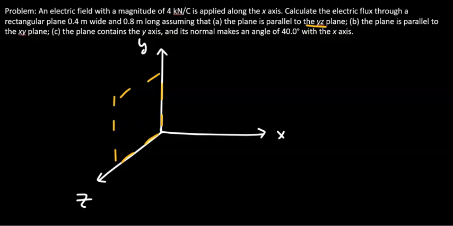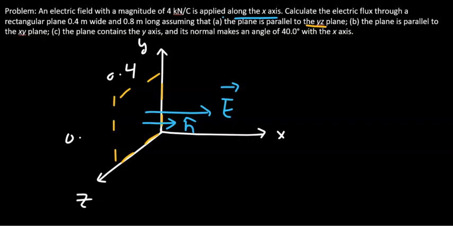The electric field is applied along the x-axis, so that is the direction of the electric field. Let's assume it's the positive x-axis. The direction of the electric field is also parallel to the direction of the normal vector to that plane. The plane is 0.4 meter wide and 0.8 meter in length, let's say.